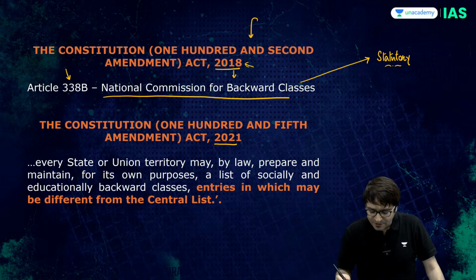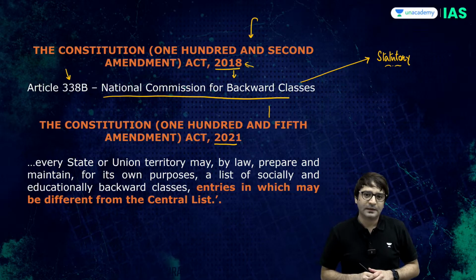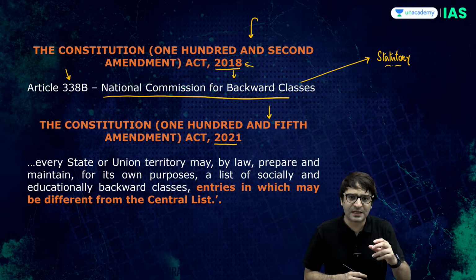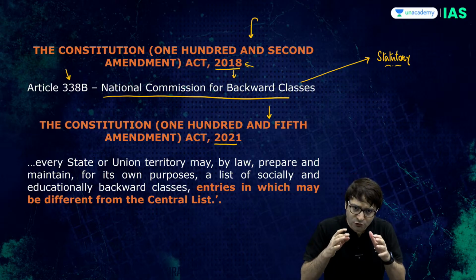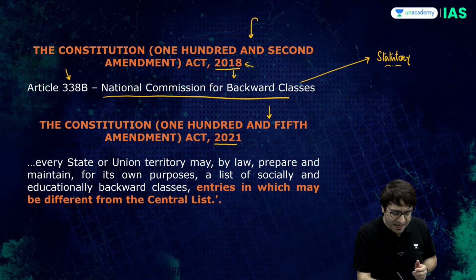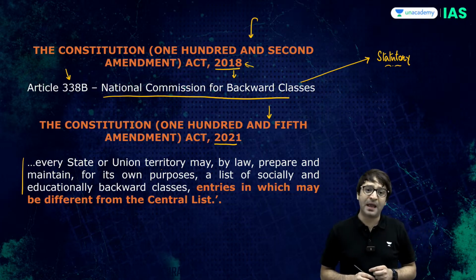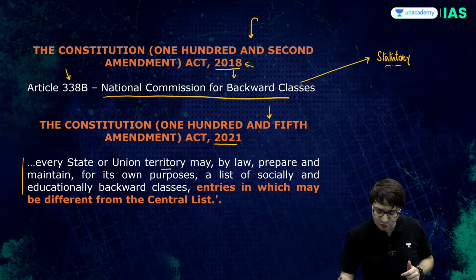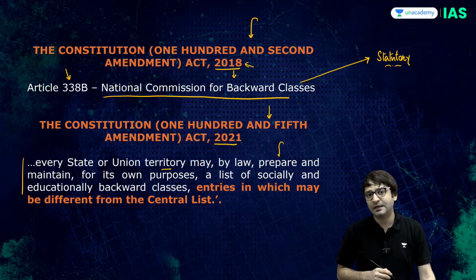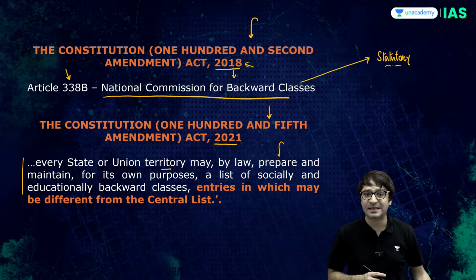Ultimately, to rectify this, the 105th Constitutional Amendment Act was passed. This was enacted to overturn the ruling of the Supreme Court, and now according to this Constitutional Amendment Act, every state as well as union territory can pass a law, and through this law they can prepare and maintain a list of socially and educationally backward classes of citizens.